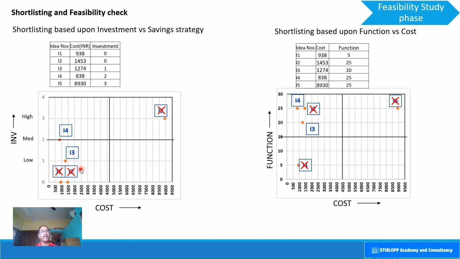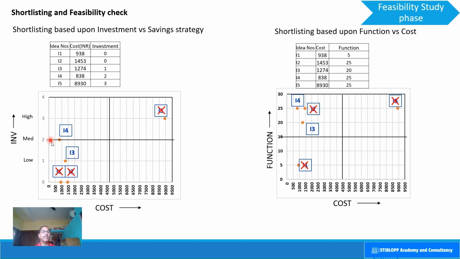Next, coming to idea 3. Here you can see that idea 3 is having a low cost as well as low investment, and even the function is considerably okay. But idea 4 is qualifying better compared to idea 3 because of high functionality, and our value calculating formula says that the function should be high.